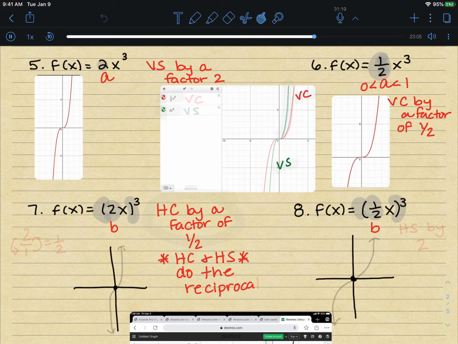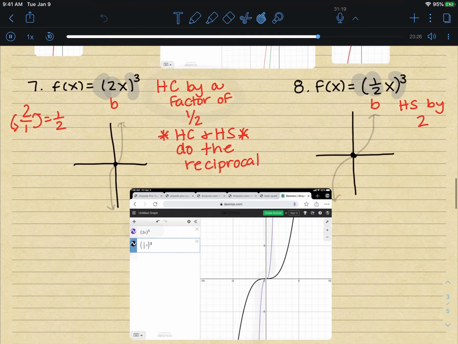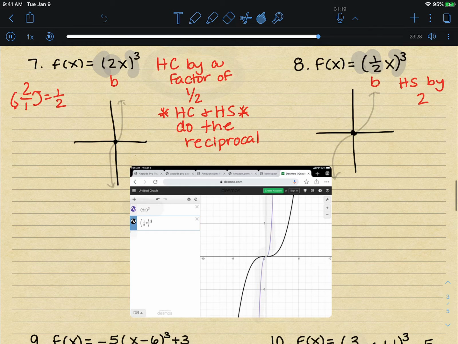So if it's a 2, it's actually not a 2 because you have to flip it to give you 1/2. So it's a horizontal compression by a factor of a half, and this one over here is going to be a horizontal stretch by not a half, but by 2, because the reciprocal of a half would be 2. So now I'm going to go ahead and graph these in decimals.